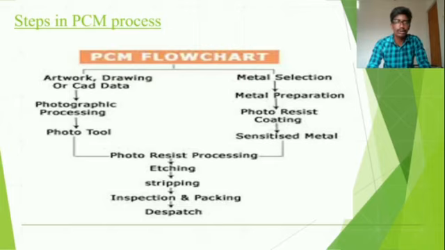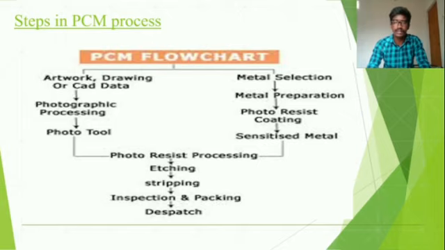Initially, artwork, drawing or CAD data is produced with the help of a computer, and it undergoes photographic processing and is converted into a photo tool. On the other hand, suitable metal is selected, cleaned, and further coated with photoresist material, and it is converted into sensitized metal.